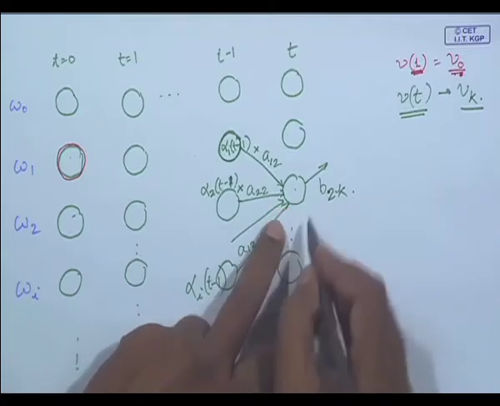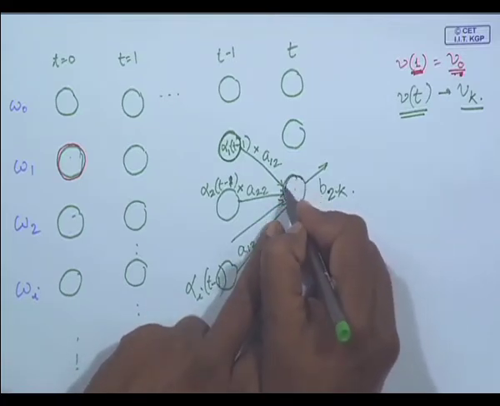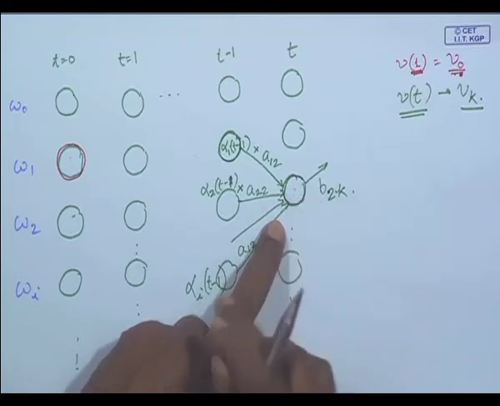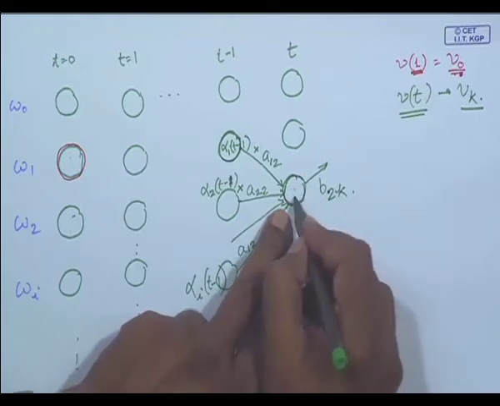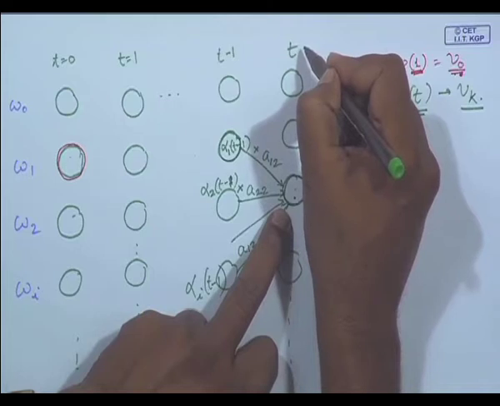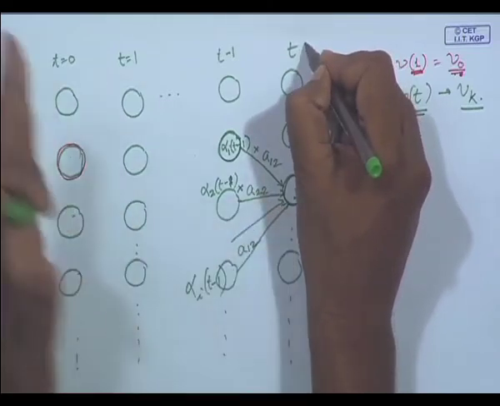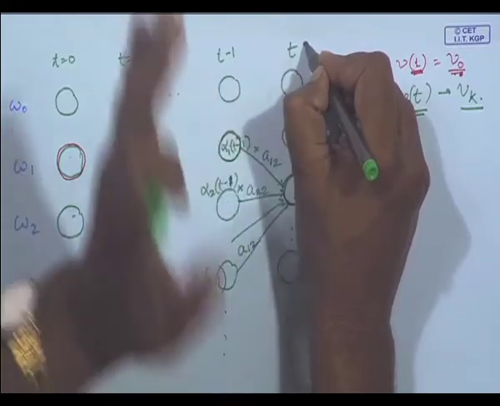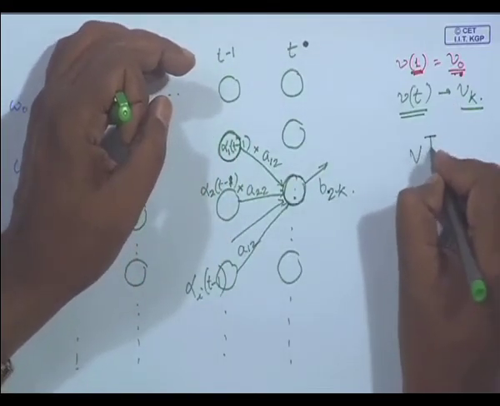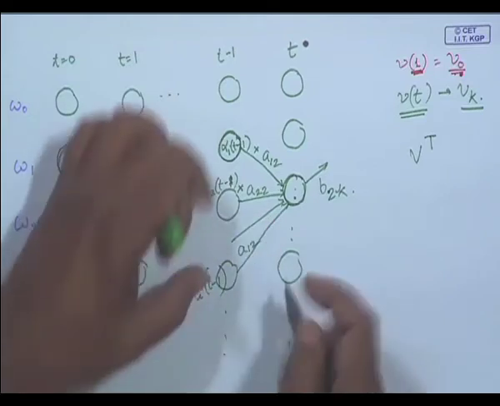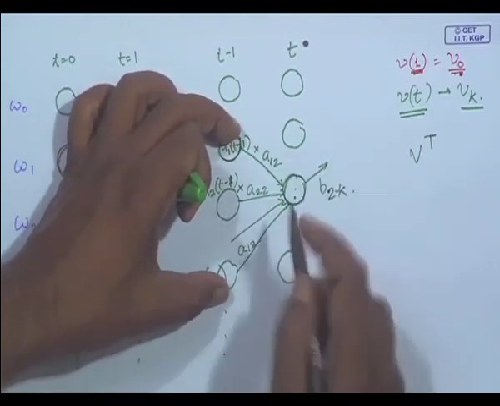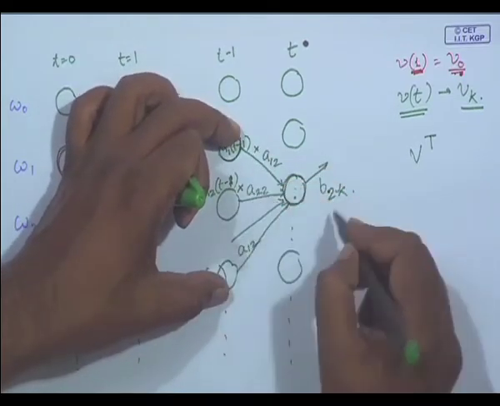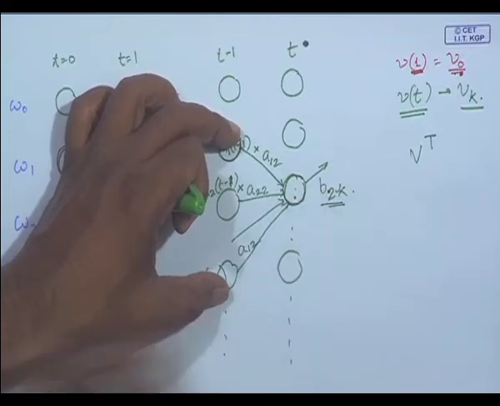So, finally, I can say that the probability that the machine is in state omega 2 in time step t, after emitting the first t number of visible symbols from my sequence of visible states VT, is given by the sum of all these product terms multiplied by this b2k.